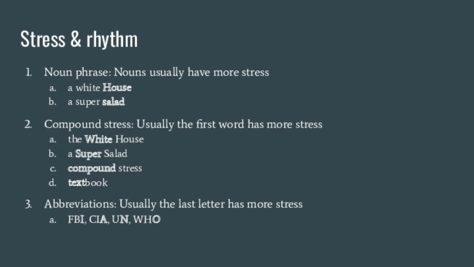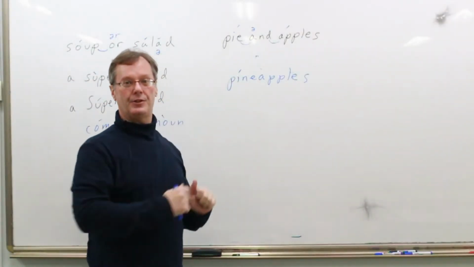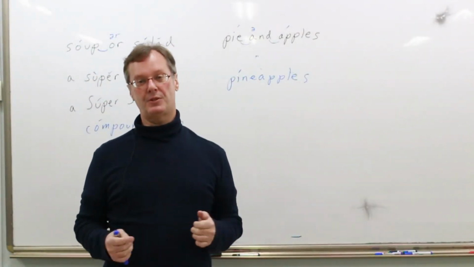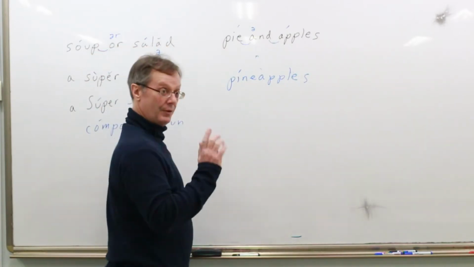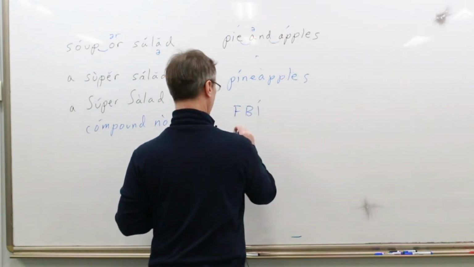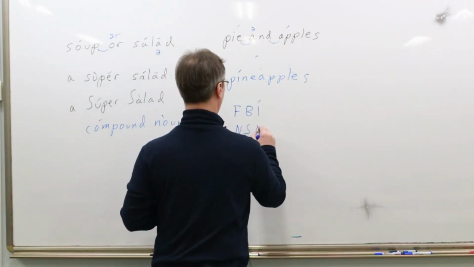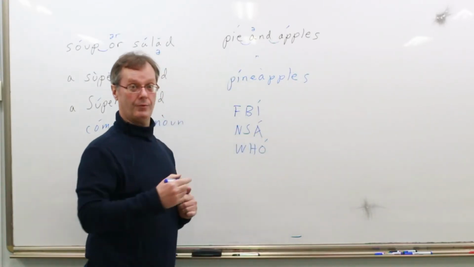One thing that's not in here, abbreviations are kind of a special thing. So with compound nouns, most often the main stress is on the first part. And that's true about 90%, 95% of the time. Now, our abbreviations are different. FBI, NSA, WHO, the World Health Organization.